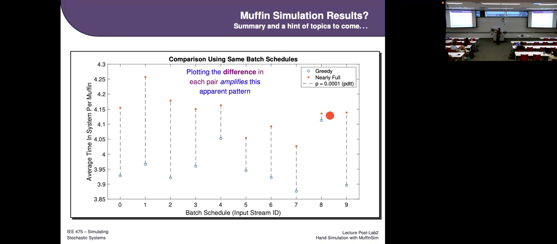In other words, if I were to compare just across those schedules, it looks like maybe nearly full could be better. But if I make sure to run greedy and nearly full on the same schedules, it's pretty darn clear that it's always the case that nearly full is slower than greedy. And that's the advantage of drawing it like this. Now, still, that's a visual. So does everybody understand this graph and how it relates to your lab results? These are the real lab results.